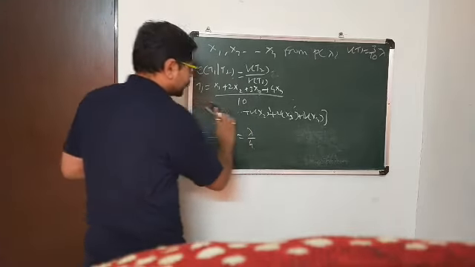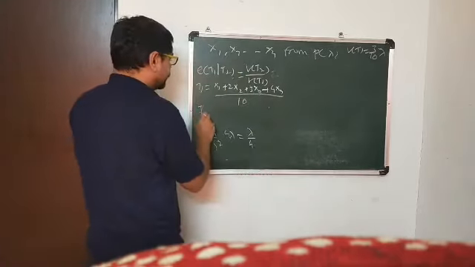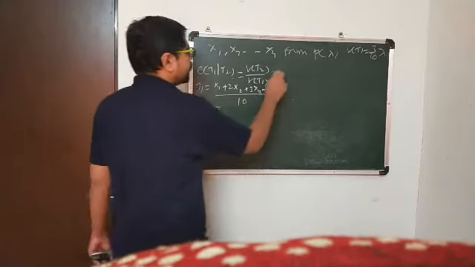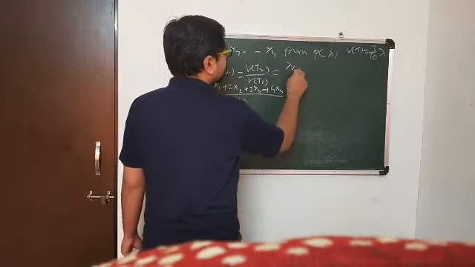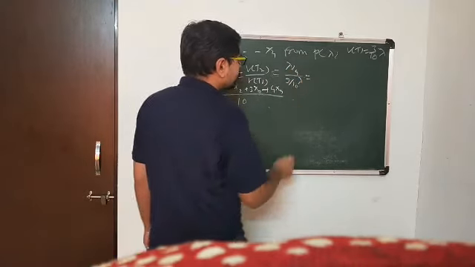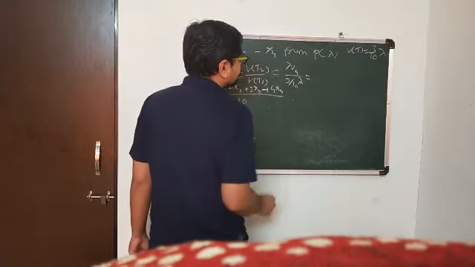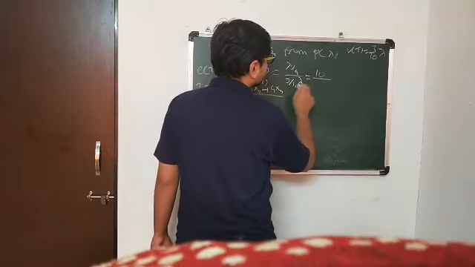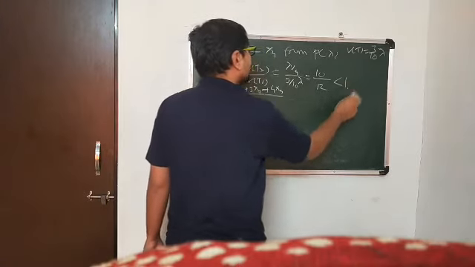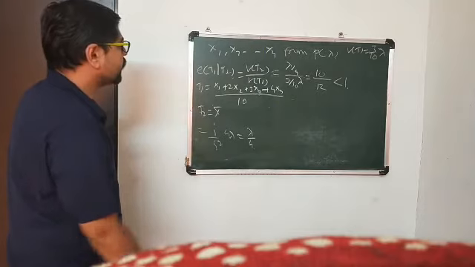So variance of T2 is lambda by 4 and this is 3 by 10 into lambda. So lambda gets cancelled, 10 divided by 12, which is less than 1.